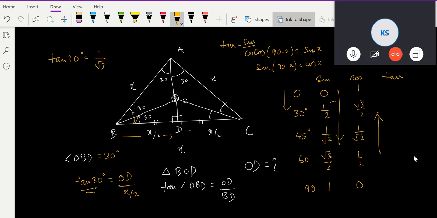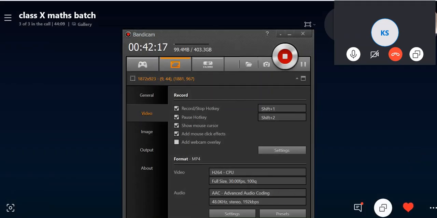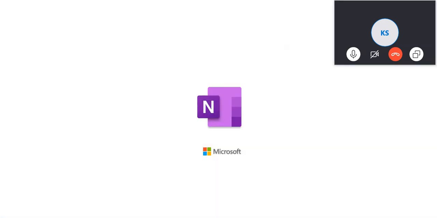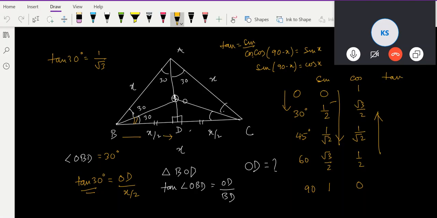And tan is just sine by cos, right? So this would be 0, this would be 1 by root 3, this would be 1, this would be root 3, and what would be 90?